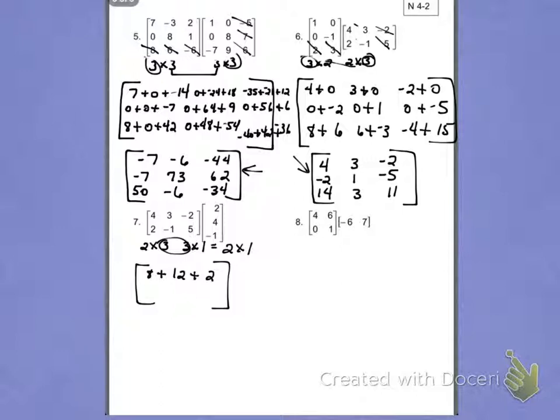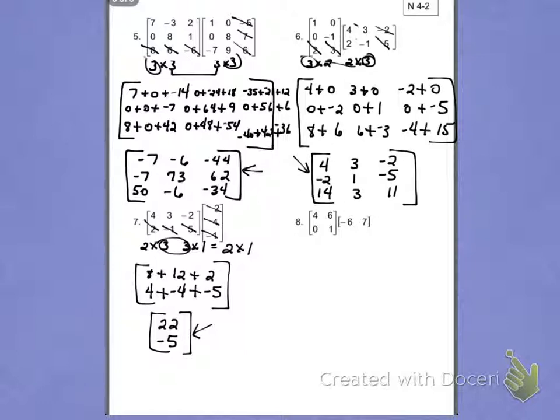So you're going to have 2 times 2 is 4, plus negative 1 times 4 is negative 4, plus 5 times negative 1 is negative 5. Okay, and then our 2 by 1 answer matrix, 8 plus 12 plus 2 is 22, and 4 minus 4 minus 5 is negative 5. And so that's our 2 by 1 answer matrix for number 7.